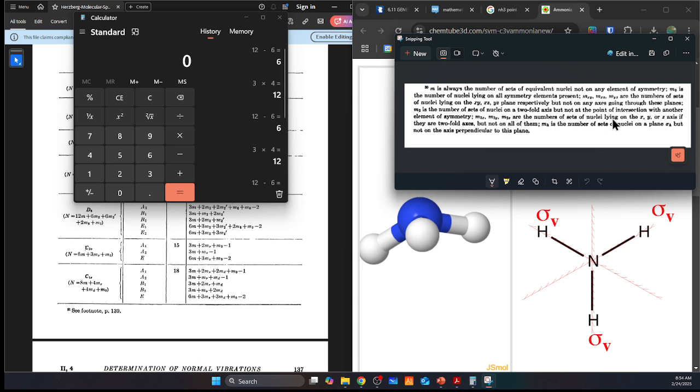These are the number of sets of nuclei lying on the X, Y, or Z axis if they are twofold axes. So again, if we had a twofold axis, it would be something like the nitrogen here, which is in your C3 axis, right? So the axis goes through it. If we had like a trigonal planar one, these hydrogens here would be on C2 axis.